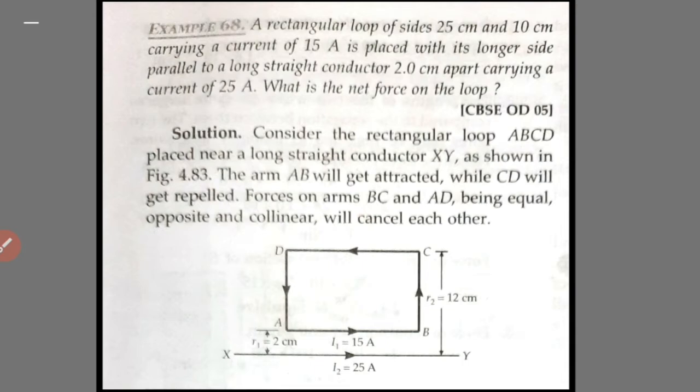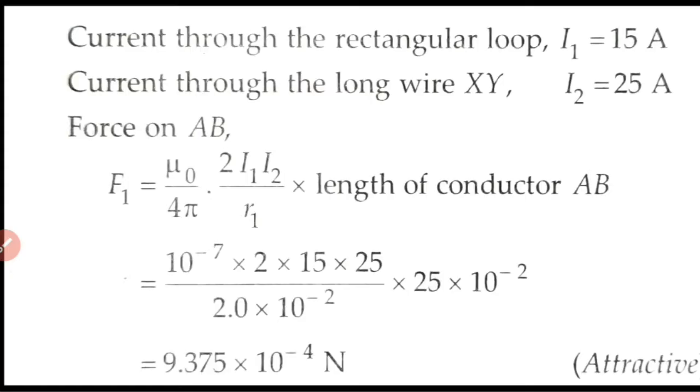So we have to find the magnitude of the force experienced by AB and CD. First, we will see the force on AB. Force on AB is given by mu 0 by 4 pi into 2 I1 I2 by R1. Here it is written actually mu 0 I1 I2 by 2 pi d.